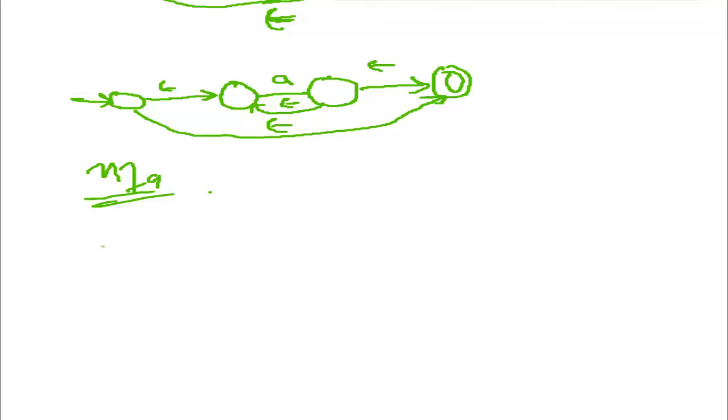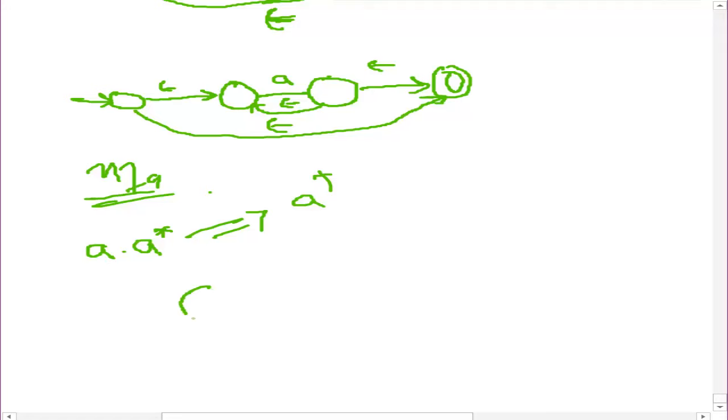What about taking a very simple thing, A and A star? This is actually equivalent to A plus, right? That means at least you have one A and then you have A star. This is my start state. I will have at least one A to go to the final state, because if I have the A and I'm going to the final state, and after that, because it's A star, this may be missing, because this may be epsilon, or this may be any many.